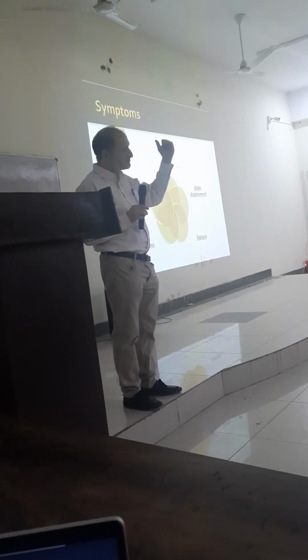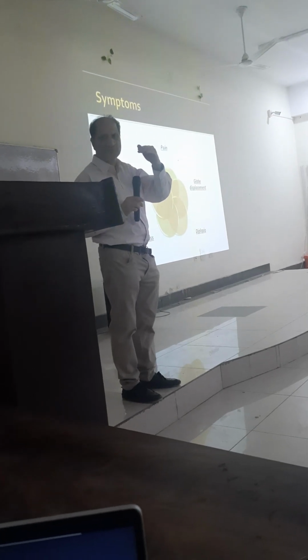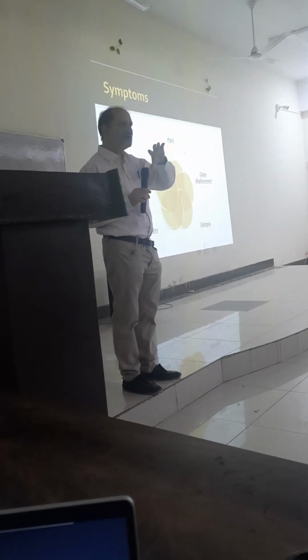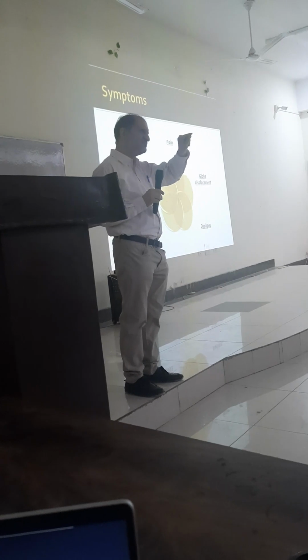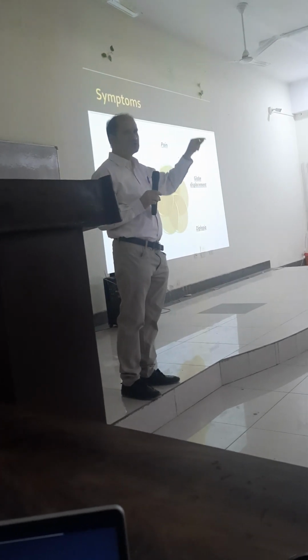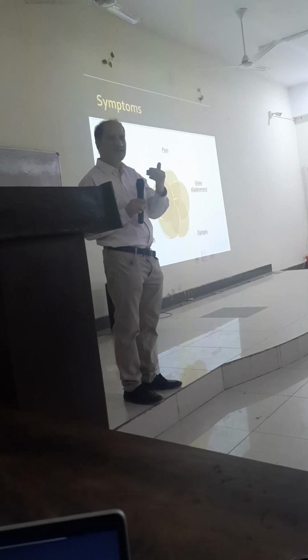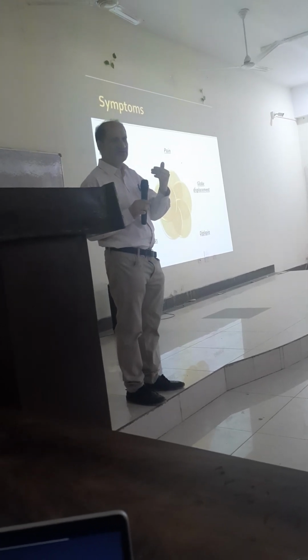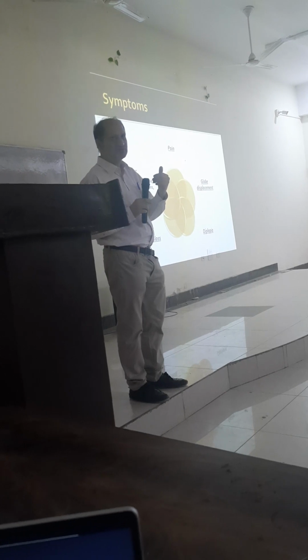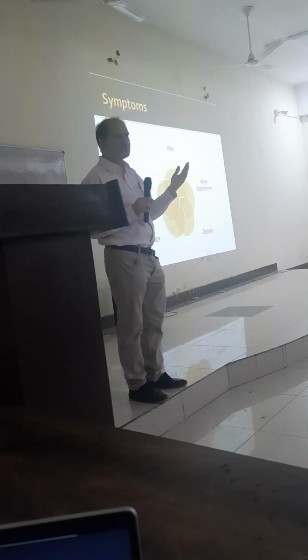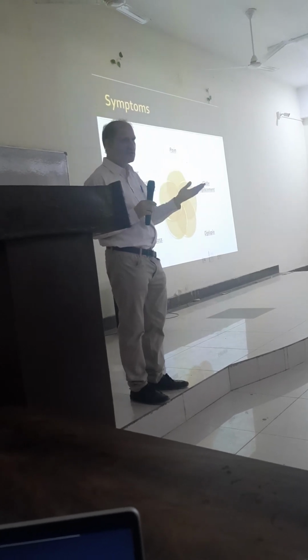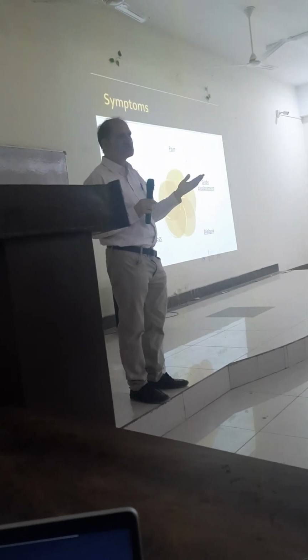Number two, there are some emissary veins going from the sinus to the orbit. And there are some holes through which some structures are passing. So they act as anatomical weaknesses, which can lead to spread of the cellulitis from the ethmoidal sinus to the orbit.